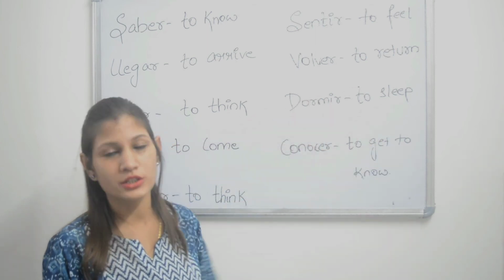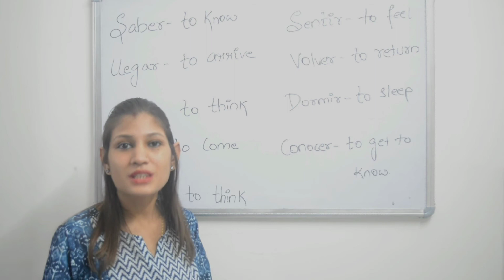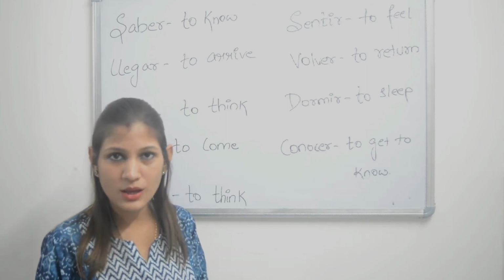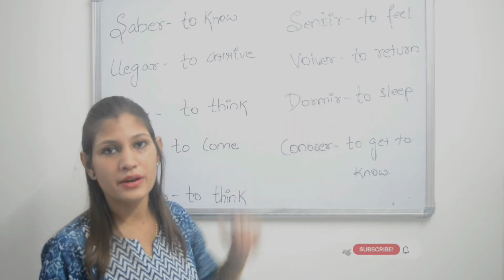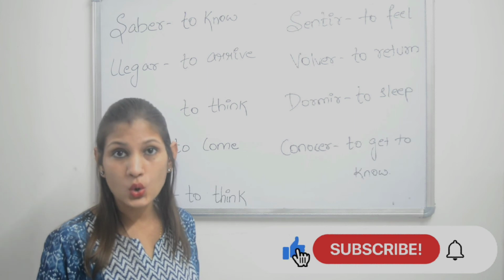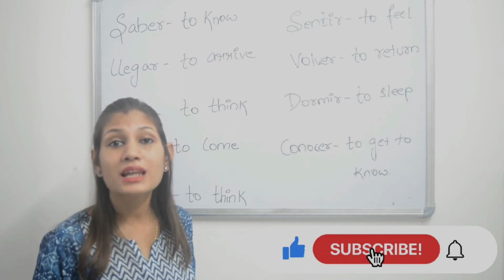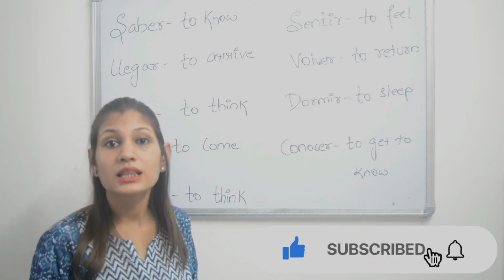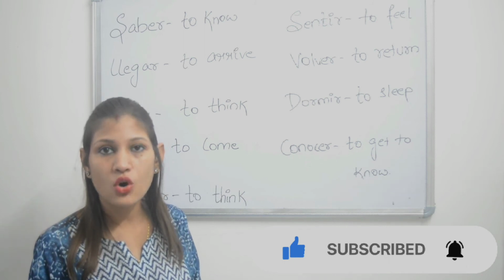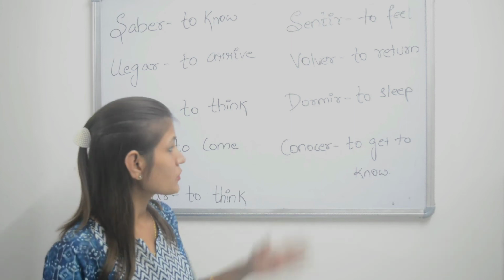Volver is to return. When you are returning from somewhere, or you are returning a book, you use volver. Dormir is to sleep. Yo duermo a las 11 de la noche. I sleep at 11 o'clock at night.